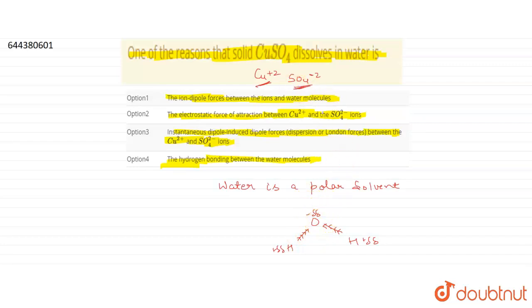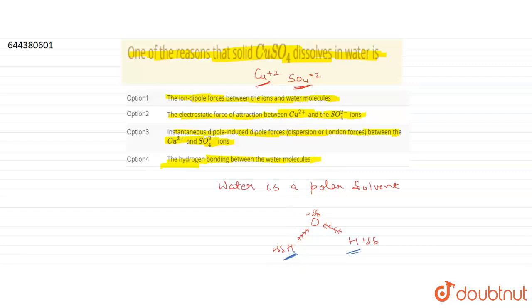And these sulfate ions of CuSO4 get attracted towards the hydrogen atoms of the water molecule, because these hydrogen atoms have a partially positive charge due to the polarity of water. Because water is a polar solvent, the hydrogen has a partial positive charge and the oxygen atom has a partially negative charge, and due to this polarity, SO4-2 will be attracted towards the partial positive charge of hydrogen.